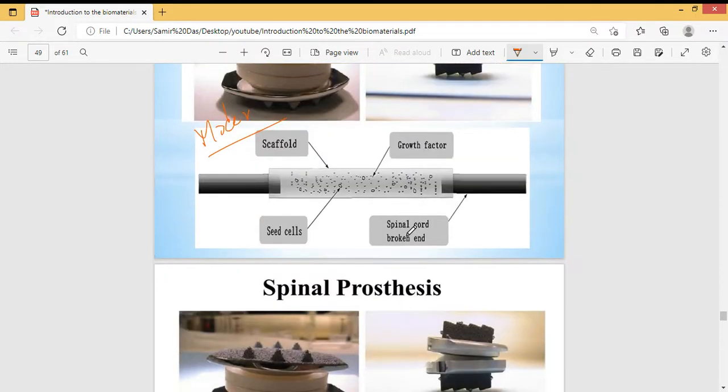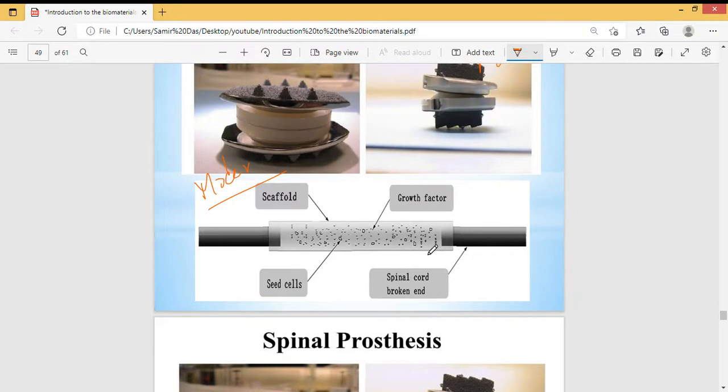Without any fixation or any autograft or xenograft, we can heal that broken spinal cord.